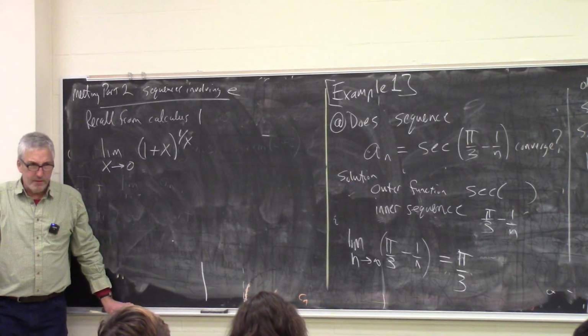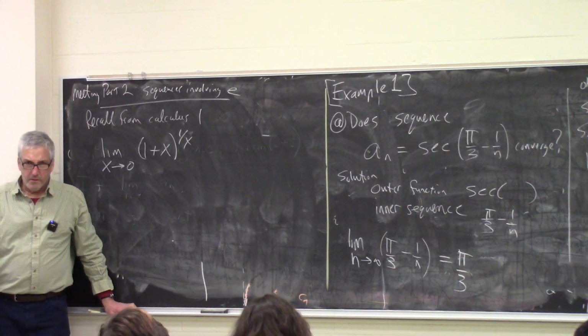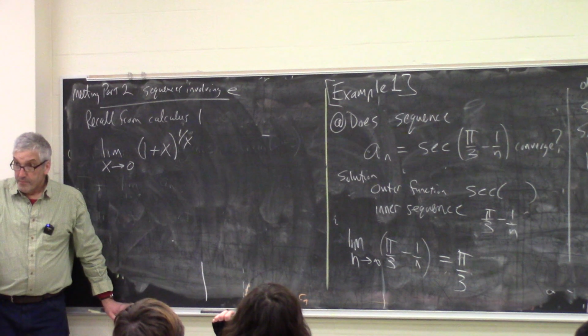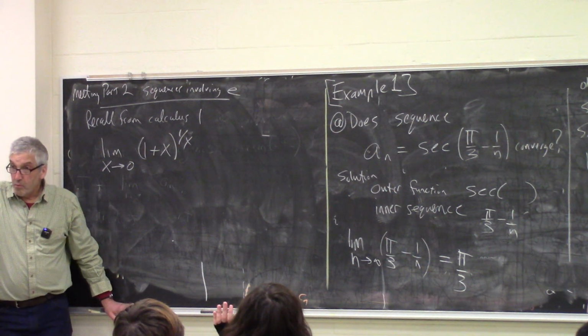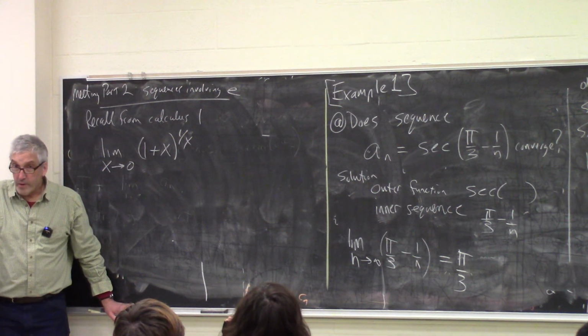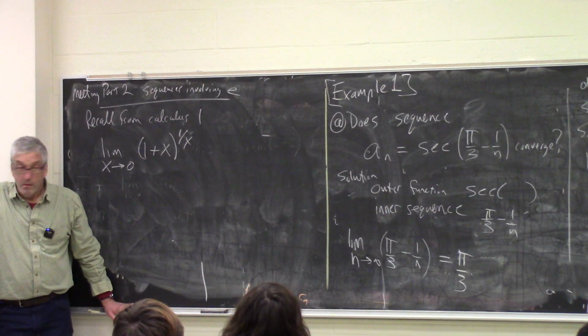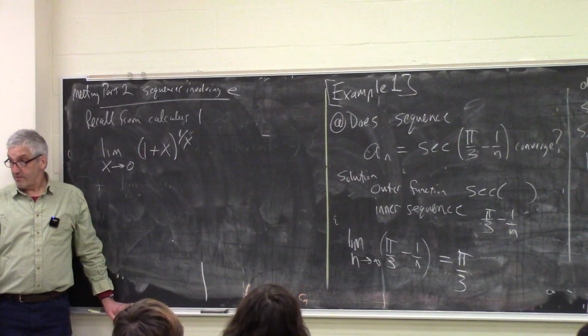Anybody remember what that limit is? Notice it's an expression involving a base and an exponent. The base is getting closer and closer to the number 1. Now what's 1 raised to any power? Just 1. All right, so that makes you think maybe this limit's just going to be the number 1.